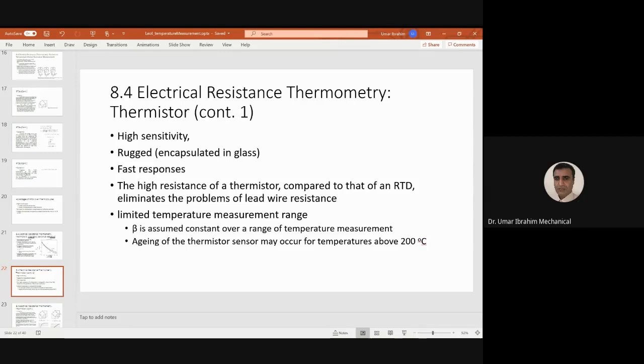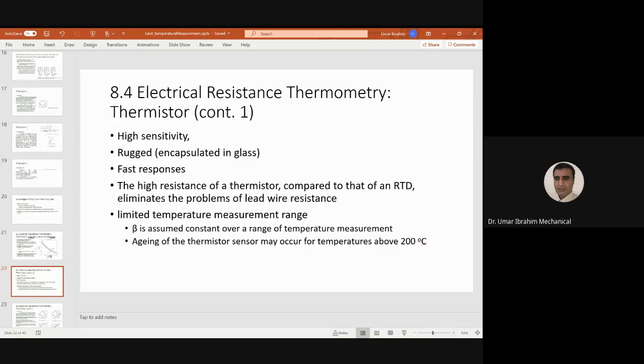So that is the dictionary definition of rugged: it is made strongly and it can handle rough handling. So rugged means that this instrument will probably survive for long.